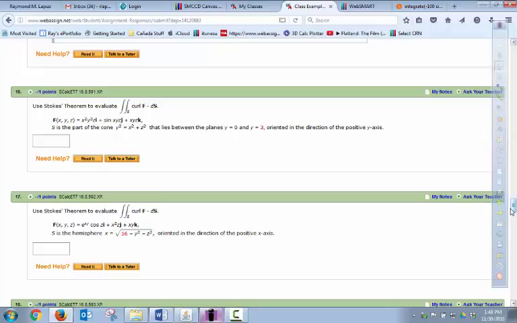So instead of doing that, let me just show you one more thing that's really interesting about this, the flux, the Stokes theorem.